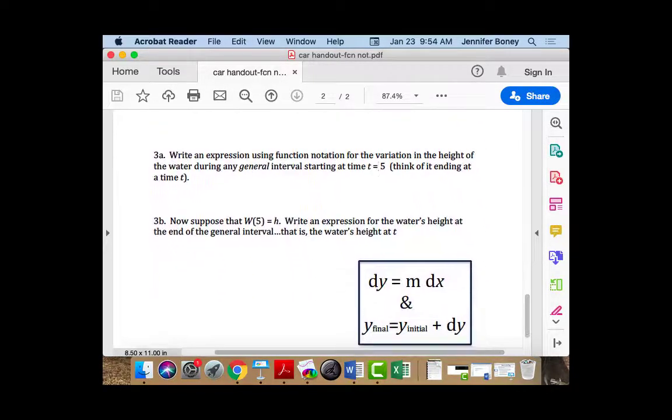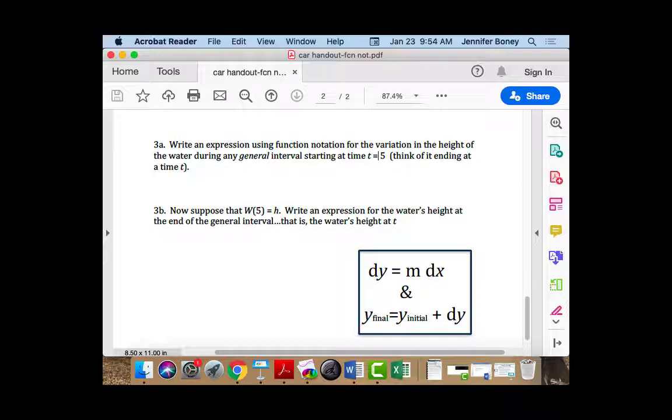And then the last question on here, the most general of them, write an expression with function notation for the variation in the height for dy during any general interval starting at time 5, meaning 5 through mystery t. So t was the name of the time variable, so 5 through whenever, I'll just call it t in general.